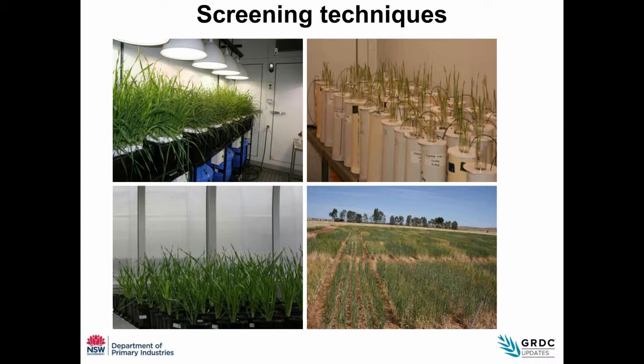We test these in different environments in South Australia, Victoria, Queensland, Western Australia, and also New South Wales, from glasshouse to the field. So there are different screening techniques, and we try to assess their performance based on different constraints.